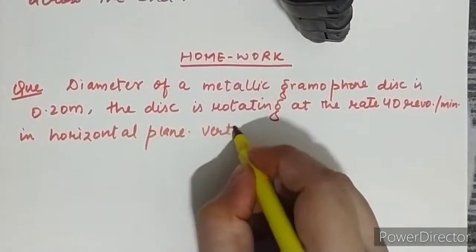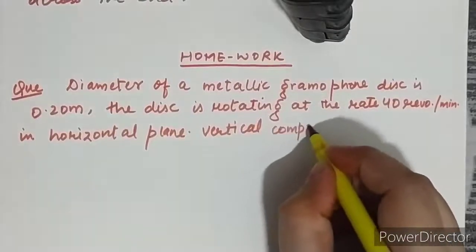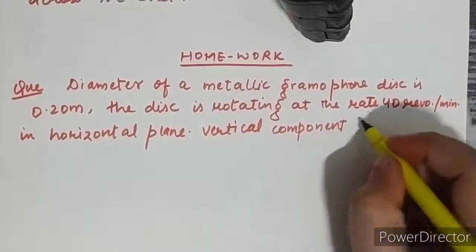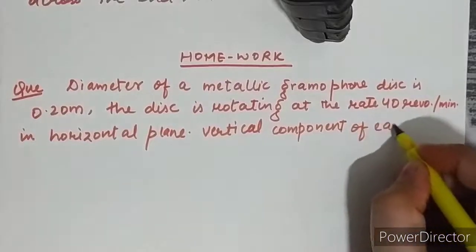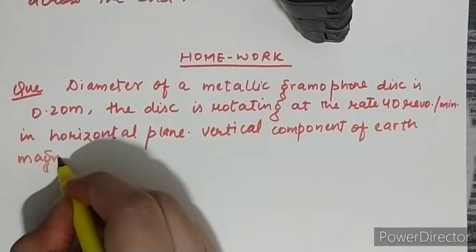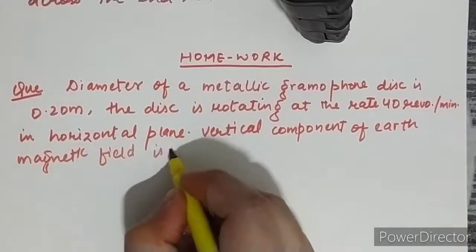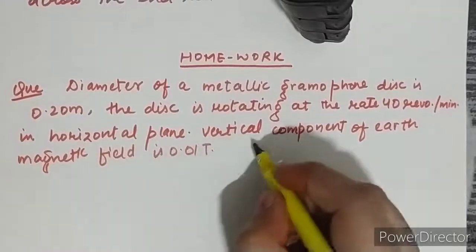The vertical component of Earth's magnetic field is 0.01 Tesla.